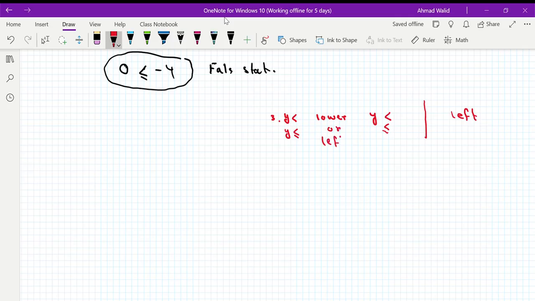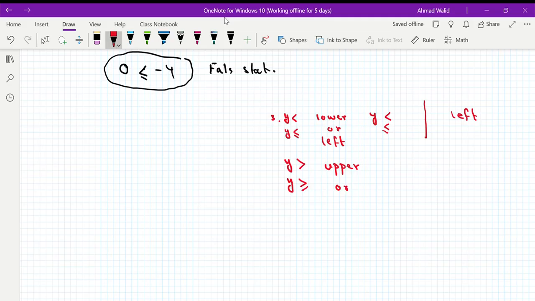But if you are dealing with y greater than or y greater than or equal to, always shade the upper part of the graph.